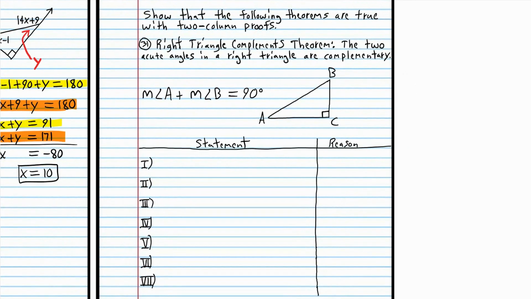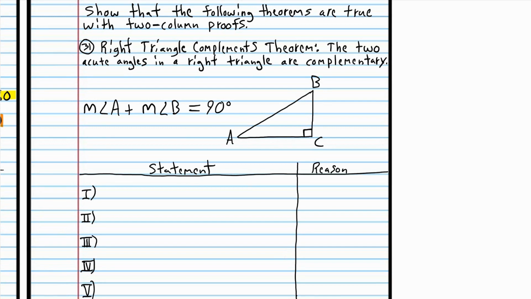This is called the right triangle complements theorem. The two acute angles in a right triangle are complementary. So what that means is that if this is a right triangle, we know this is a right triangle because there's a little square there. If this is a right triangle, then these two other angles are always going to add up to 90 degrees.